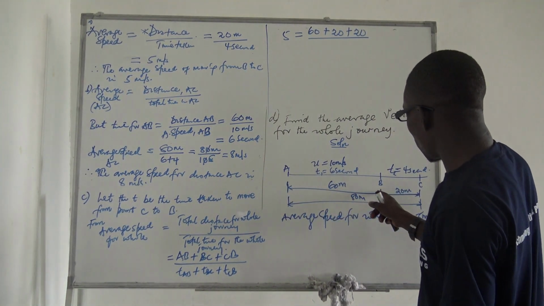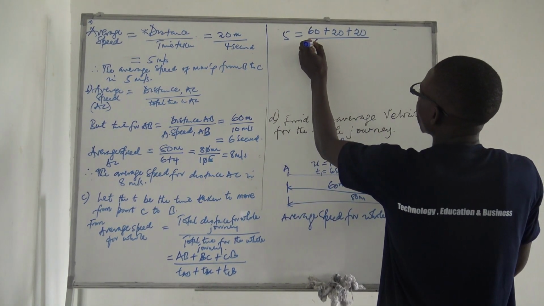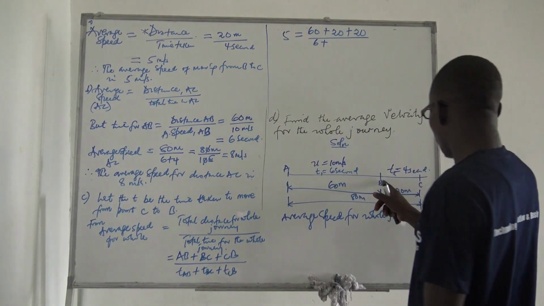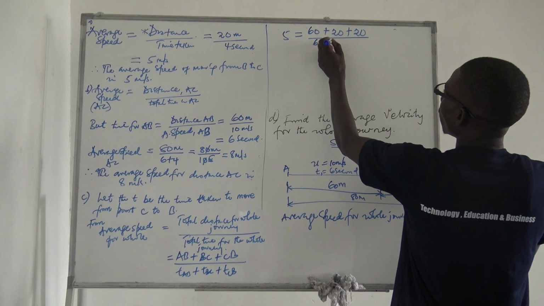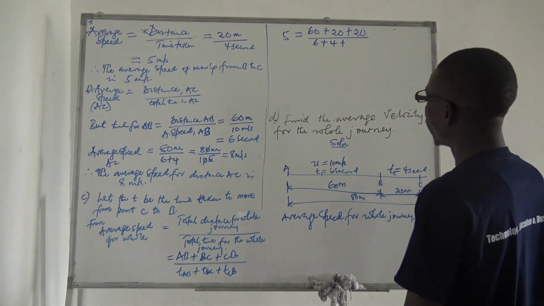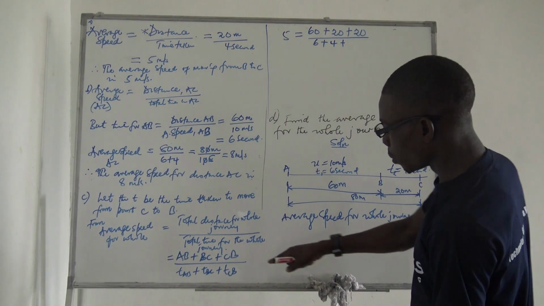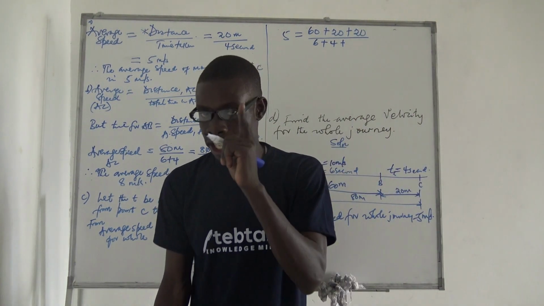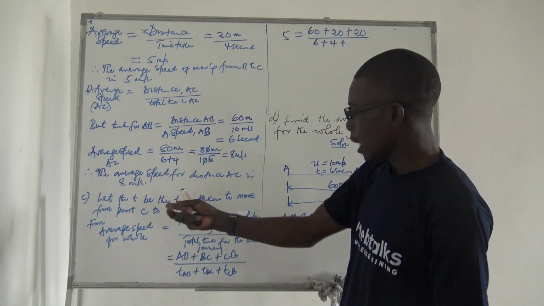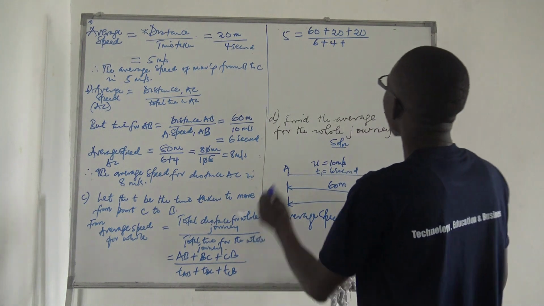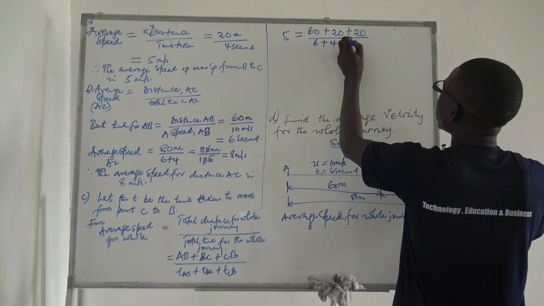From A to B, we said the time is 6, plus the time in BC. From B to C, the time was 4, and then plus the time from C to B, and that is what exactly they're interested in. And we have called it here that let T be the time taken to move from C to B. I can now call it T.